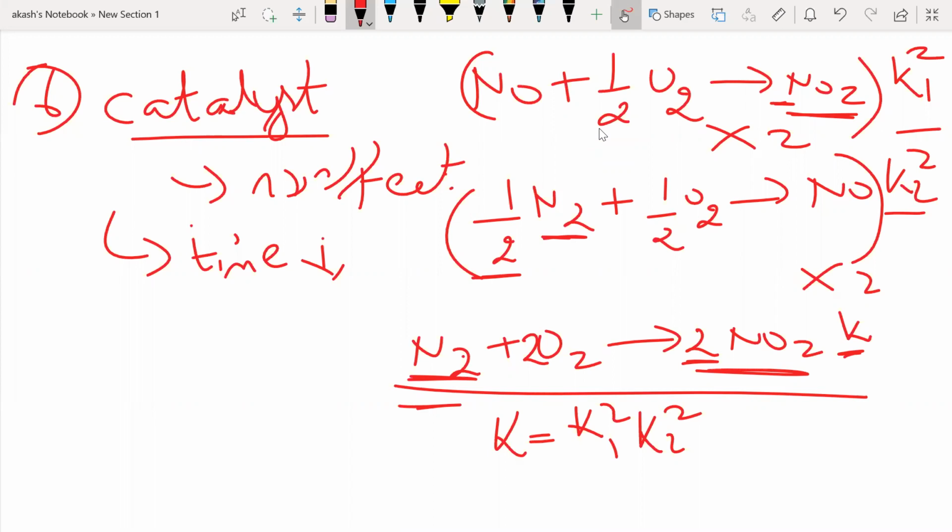For the following reaction, equilibrium N2O4 giving 2NO2, Kp is equal to Kc. They're asking what is the temperature. Hope everybody is able to see the 10th question.